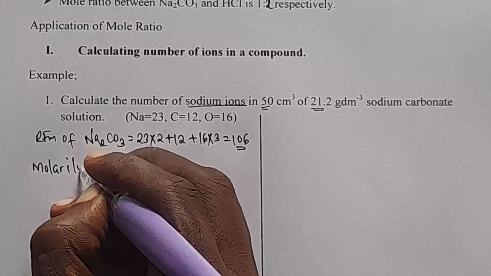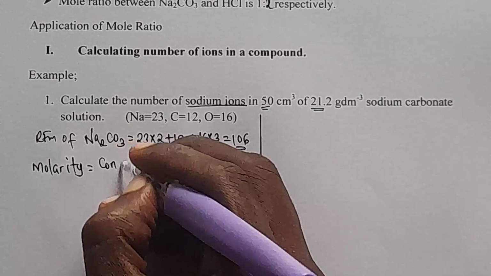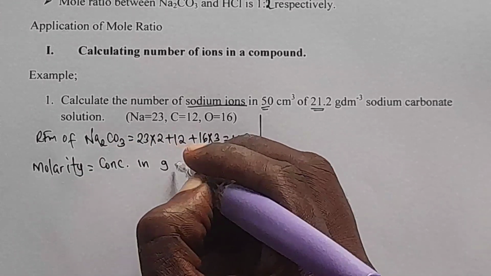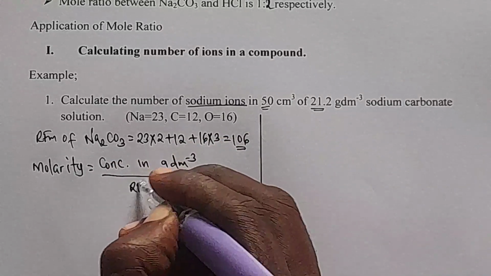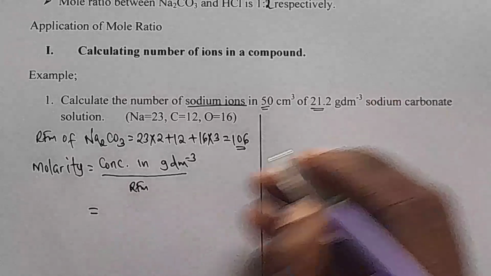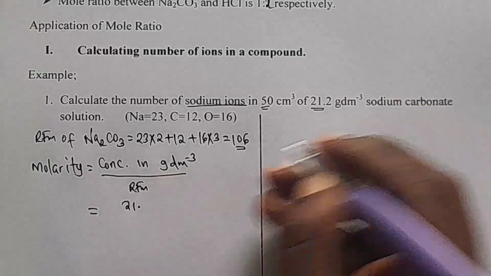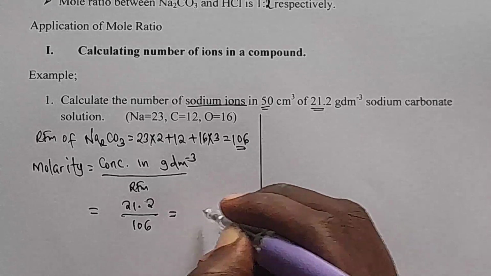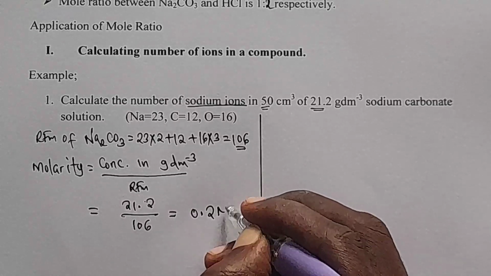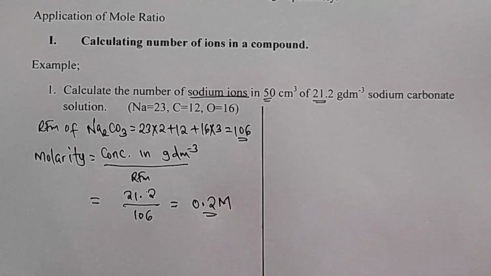So next we write the formula for calculating molarity. Molarity is given by concentration in gram per decimeter cube over the RFM. In our case, the concentration given is 21.2 divided by 106, so we get 0.2 mole. Okay, that's our molarity.